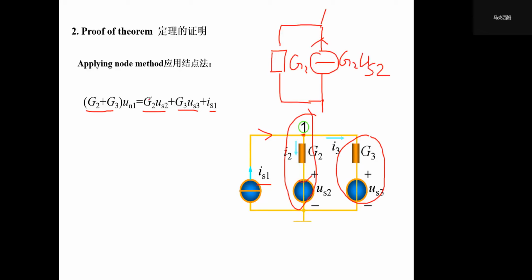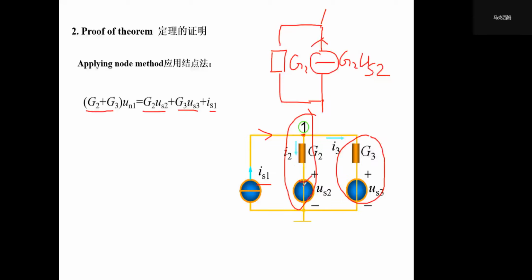Applying the node method, we have the relationship between the node voltage UN1 and the corresponding current sources and voltage sources.